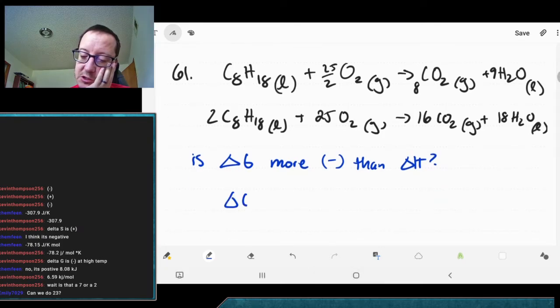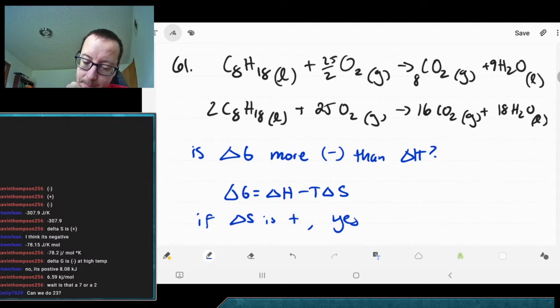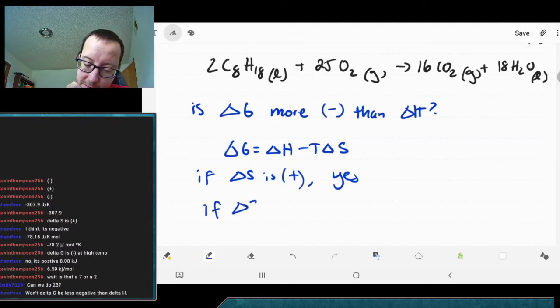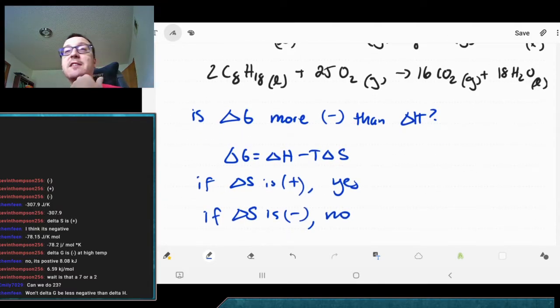Because we know delta G equals delta H minus T delta S. Temperature has to be positive, so we're looking at whether the entropy is going to be positive or negative. If delta S is positive, then yes. But if it's negative, then it would be no, right? So we'll have to make that determination. We're just evaluating this equation without calculating anything, to try and predict if this is going to be the case.